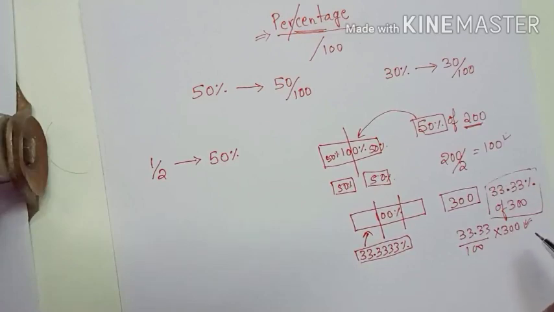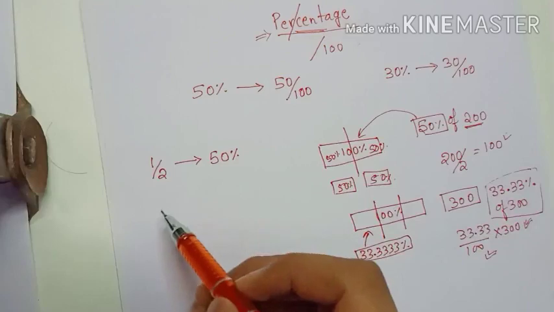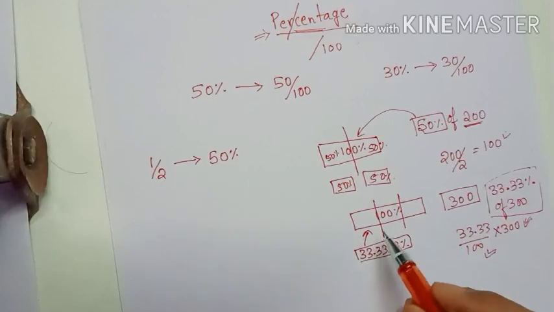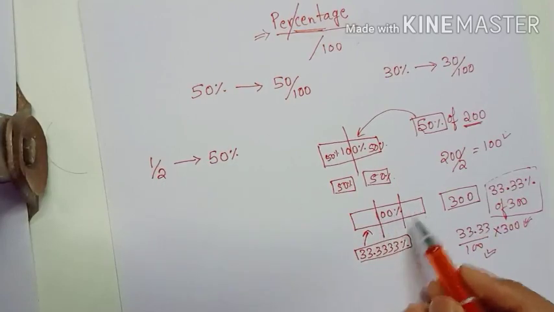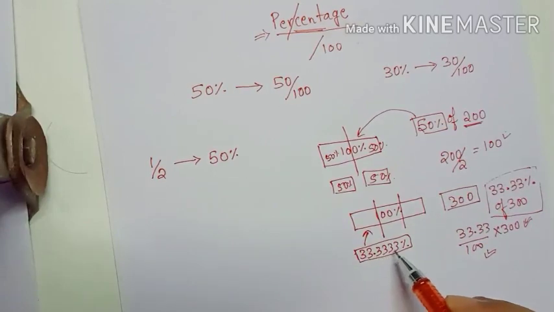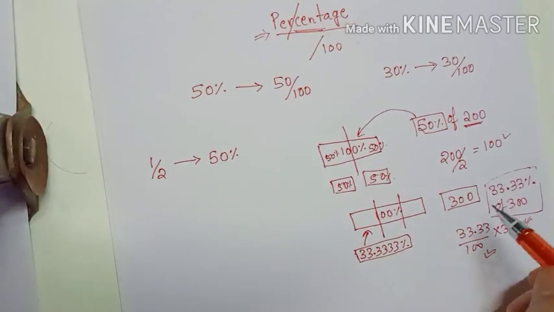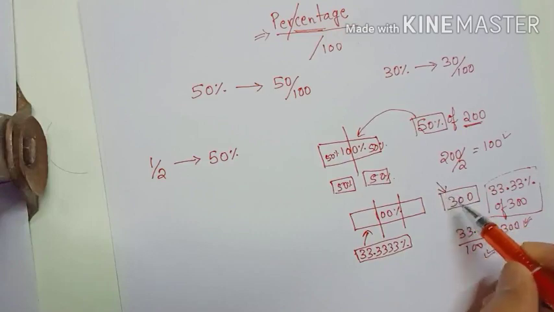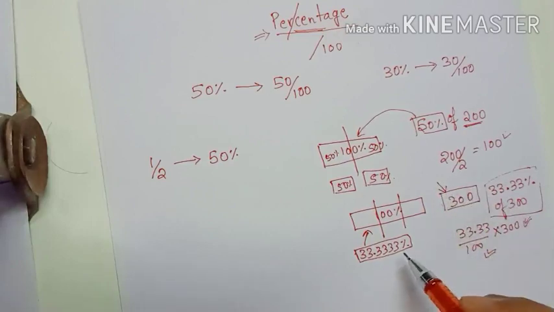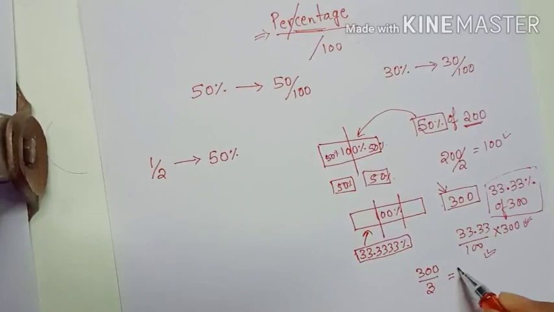So now here, instead of going through this method, because it consumes more time, we have one more method which I have written already over here, that is the fractional method. So 100 is cut into 3 parts and it's giving me 33.3333%, right? So now if I consider the given number 300 as 100%, and now I have to find 33.33%, means what I have to do, just divide 300 divided by 3, which will be 100.